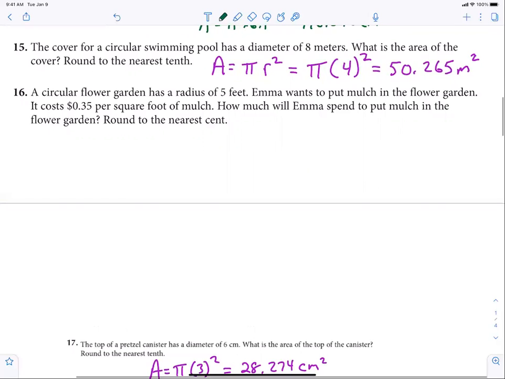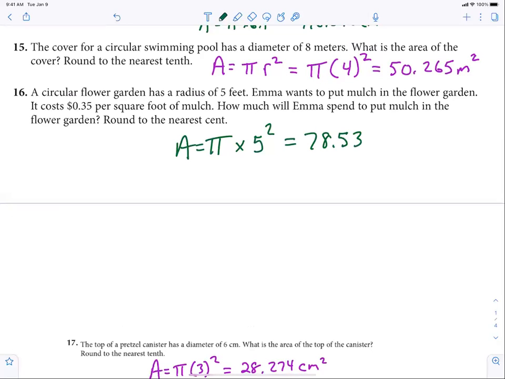Pi times 5 squared. What's the radius? Yes. Tell me what that number is. 78.539. Okay, so that's 78.539. What units?